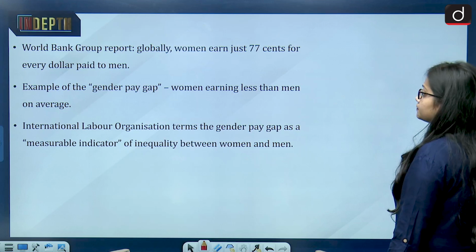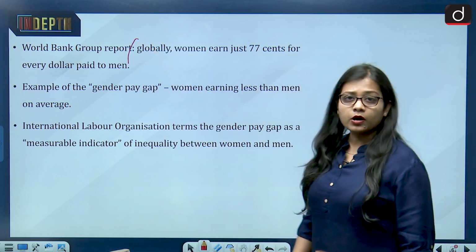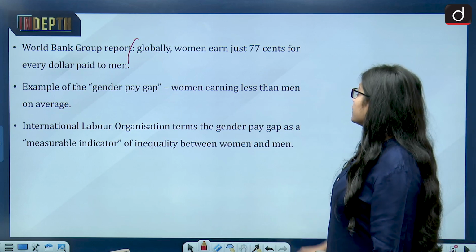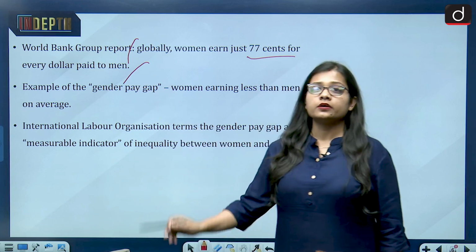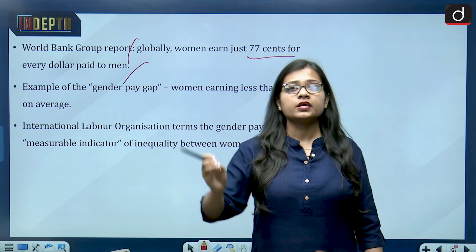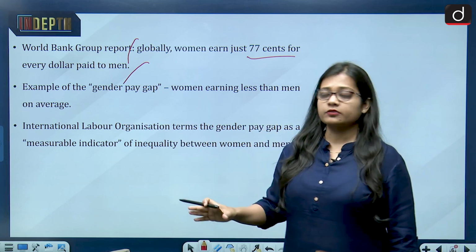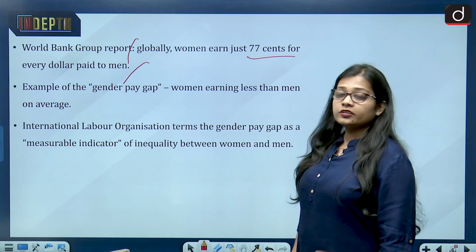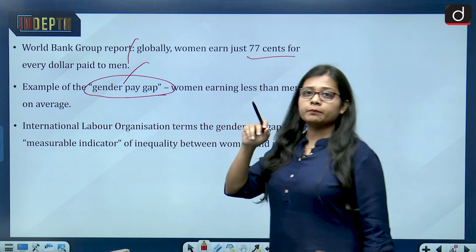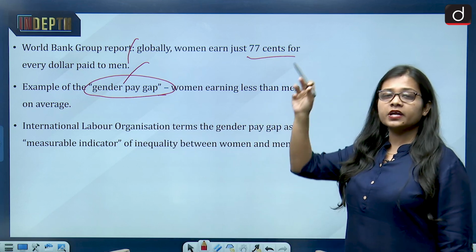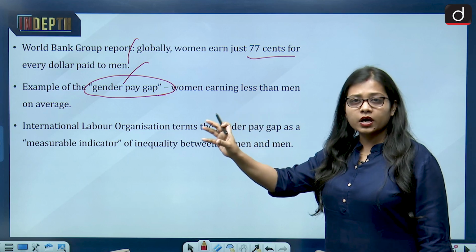Now let's begin. The World Bank Group report says that globally women earn just 77 cents for every dollar paid to men. So the World Bank report is saying that as compared to men, women are earning less, and this is a perfect example of the gender pay gap, where one gender is getting more remuneration as compared to the other.